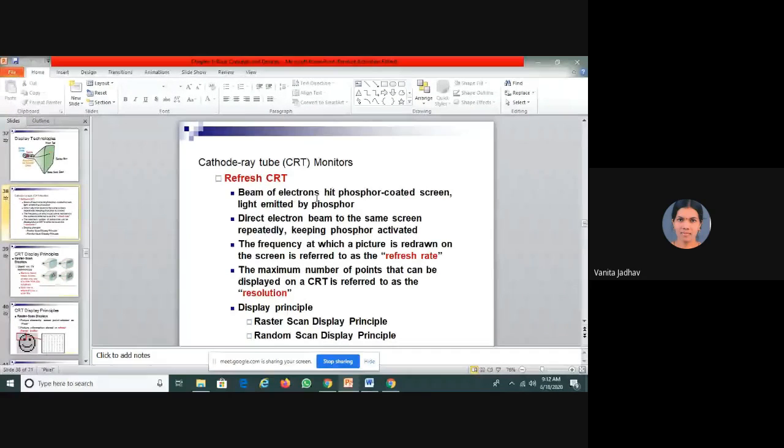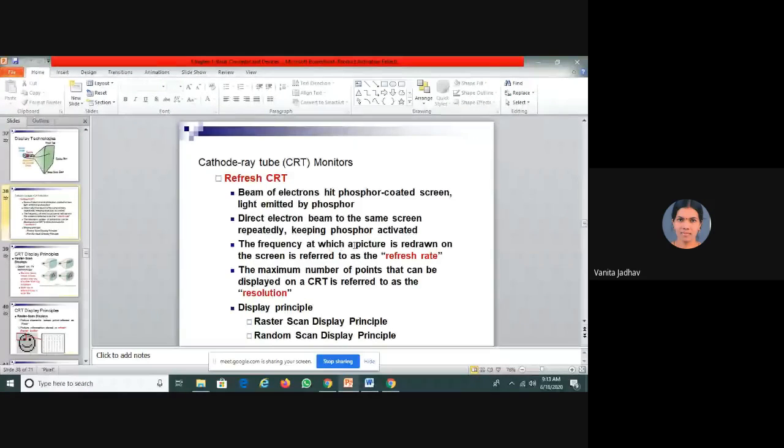Further, a beam of electrons hits the phosphor coated screen, and light is emitted by the phosphor. This is the specialty of phosphor. To keep the phosphor activated, the electron beam is directed to the same screen repeatedly.